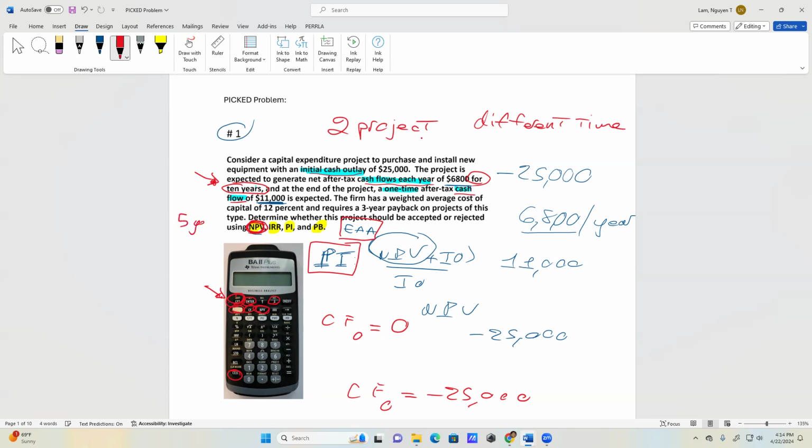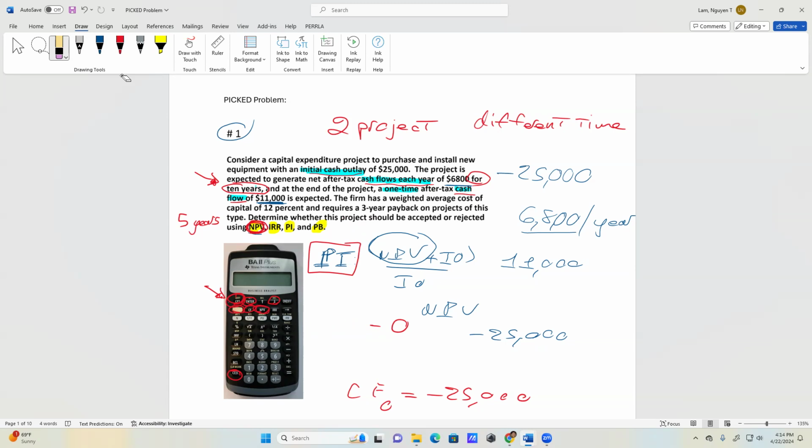Then you have to use the EAA value to compare. Whichever has a better EAA is the better project to take. However, if it doesn't require you to find the EAA, then the best is looking at the NPV. Whichever project has a higher NPV and is positive, you want to take on that project.